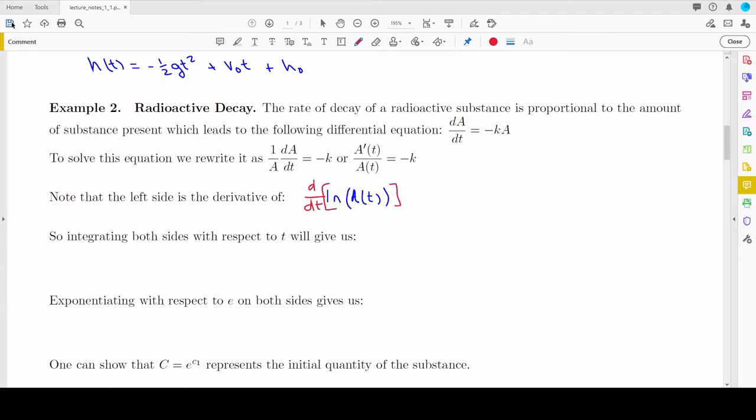what you end up with is, the derivative of ln of x is 1 over x, so we start off with 1 over A of t, but then the chain rule tells us we have to multiply by the derivative of what's inside, and so we get the derivative of A of t.